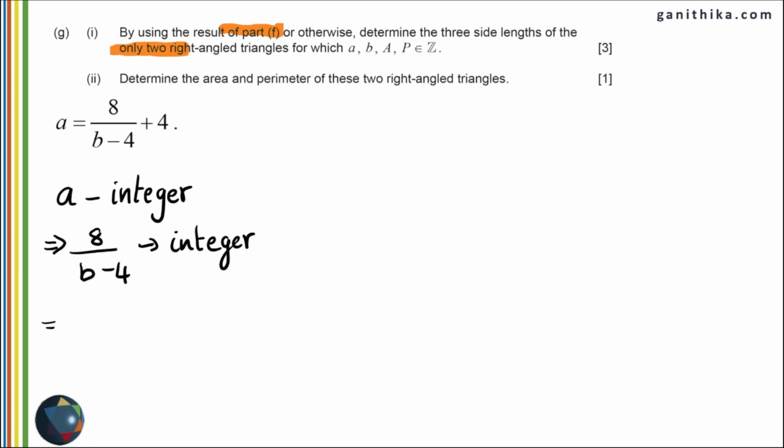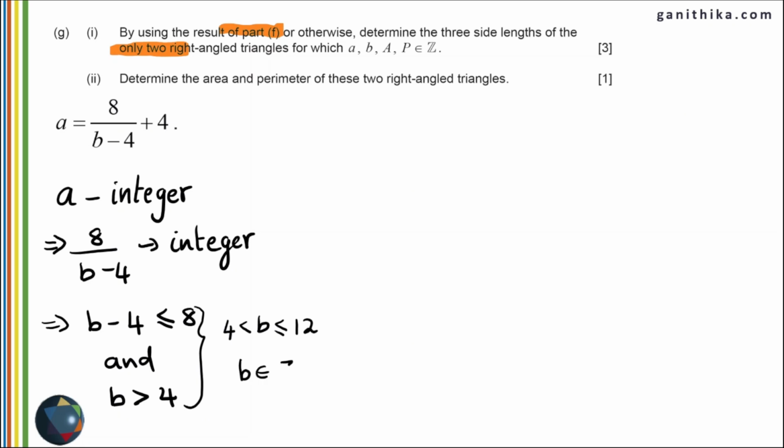Note that b minus 4 should be less than or equal to 8, because if it is more than 8, it becomes a fraction. And it should be more than 0 so that it doesn't give you a negative value. Therefore, using these two conditions, your b value should be between 4 and 12, including 12 and not including 4. So the values of b are going to be 5, 6, 7, 8 all the way to 12.